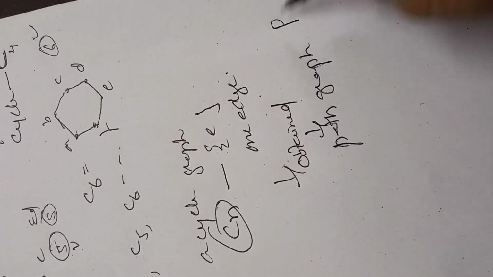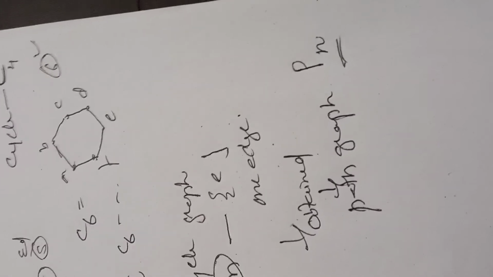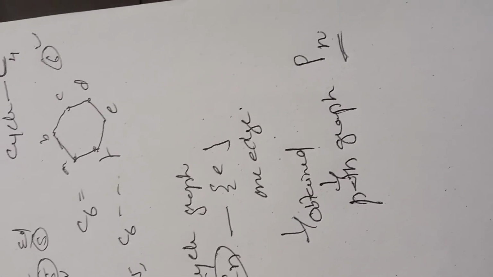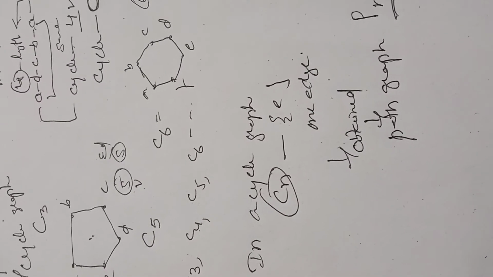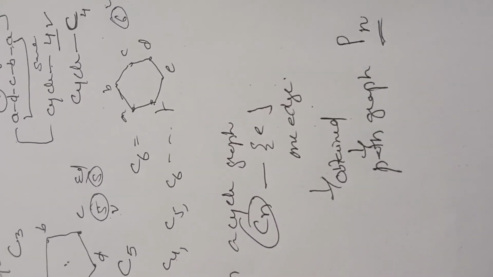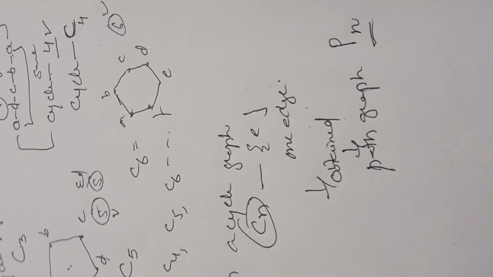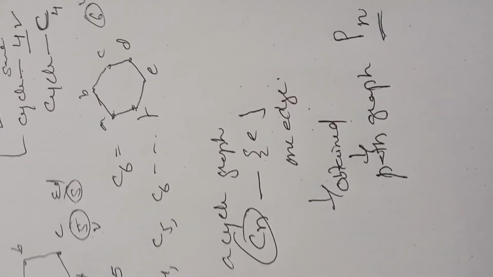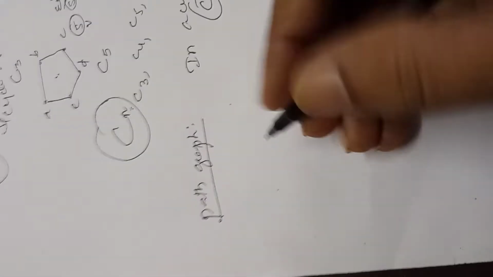It is denoted by Pn. A path graph is always denoted by Pn. That means, what is the definition of a path graph? A path graph of order n is obtained by removing a single edge from a cycle graph of order n. Right?